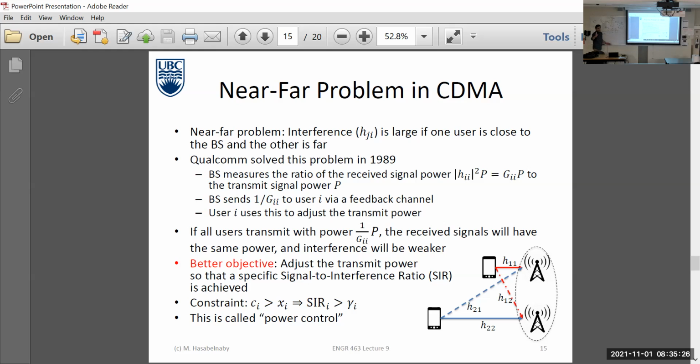Hey Daniel, you must adjust your transmitted power by this parameter. This enables each user to adjust its transmitted power, and this parameter depends on what?